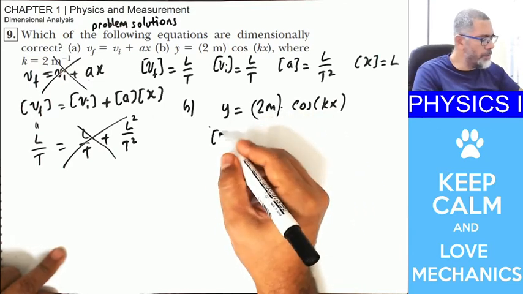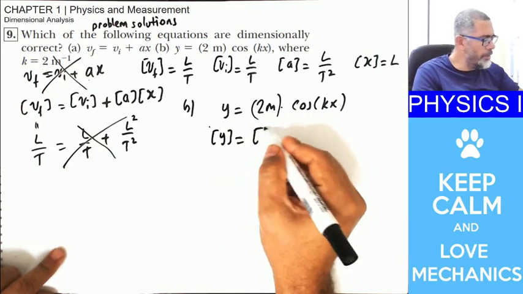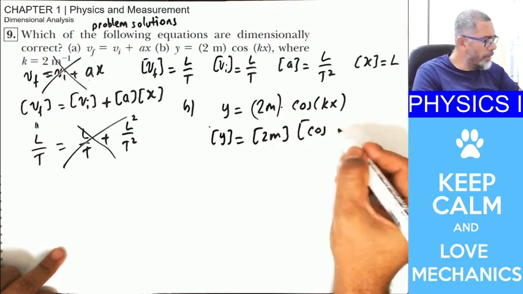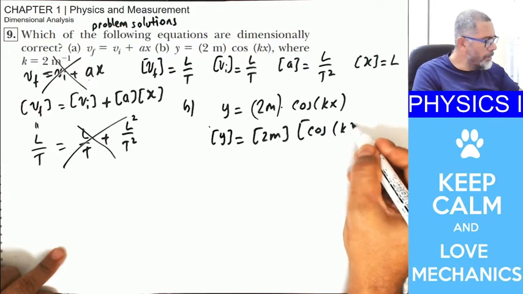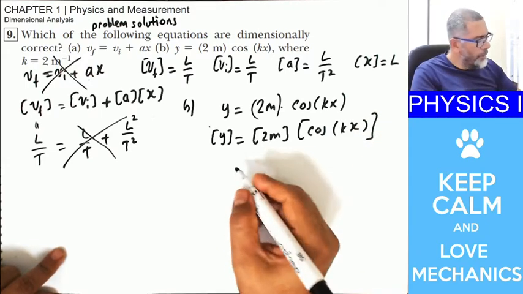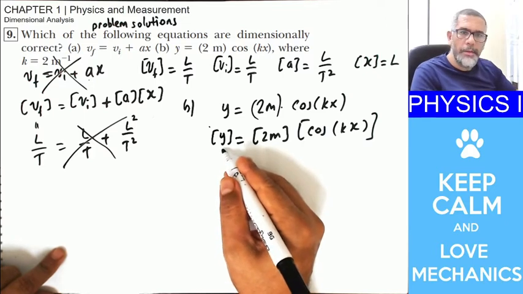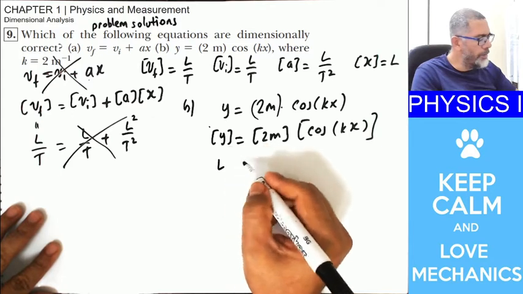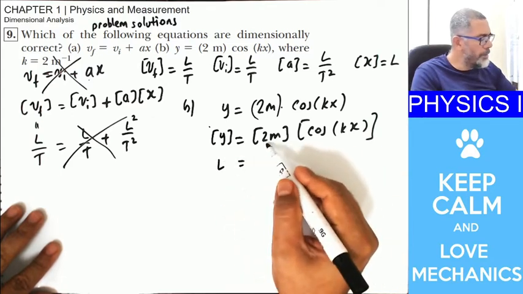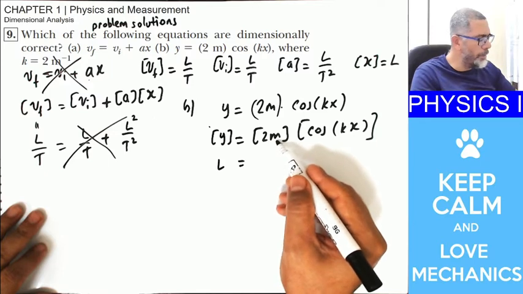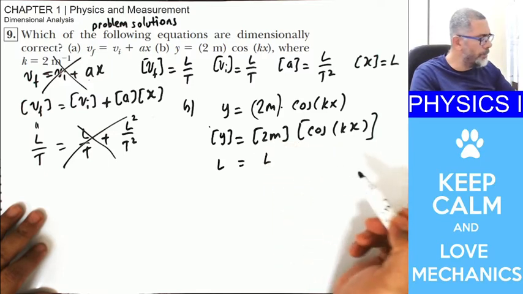Let's first take the square bracket for each quantity over here, cosine kx. Since y is the y coordinate of something, it has the unit of L, length, and since this is not just a number but has also a dimension next to it, meters, its unit is L.